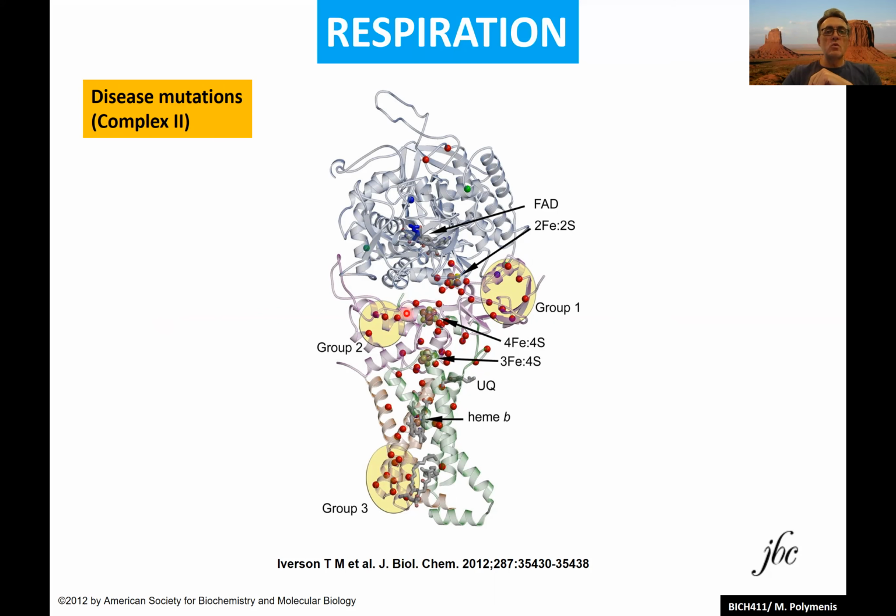Here with complex 2, you find specific mutations on the actual complex itself, and they tend to cluster in 3 different groups, but they exist, and they are significant. You see they're really close to all the various electron transfer cofactors like iron sulfur clusters and hemes.